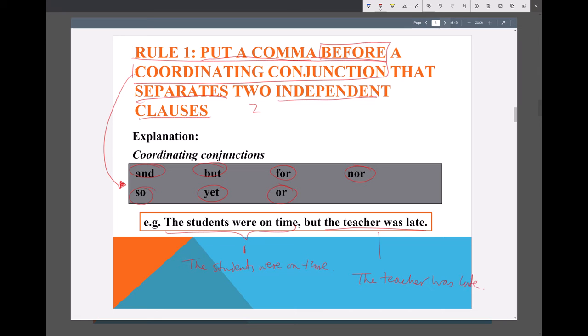So the coordinating conjunction puts the two sentences together because these sentences are related. So we read, the students were on time, but the teacher was late. They're related because the students and the teacher should both be on time, but in this case, the teacher was late. So this is why we use the conjunction but.